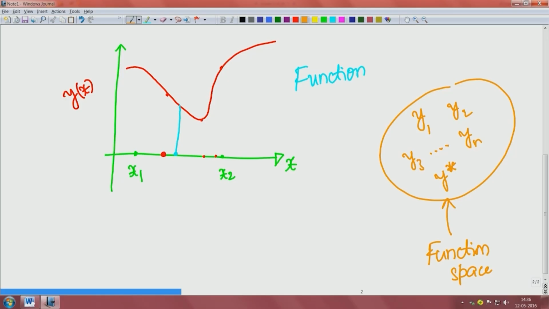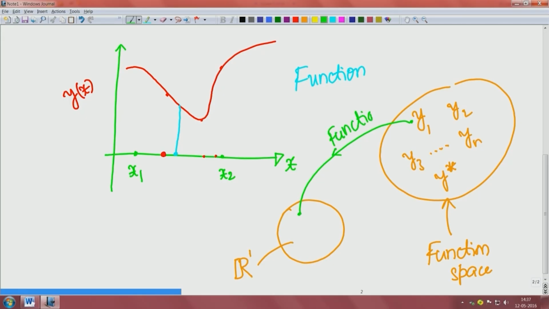So, what this functional does is, we have the real number space, let us say this is R1 or just R, that contains all real numbers. I could have drawn it like a line also, a real line, right. What this functional does is, it takes every function, let us say I take this y1, it is a point in the function space, and there will be a corresponding point in the real number space. That is what a functional does.